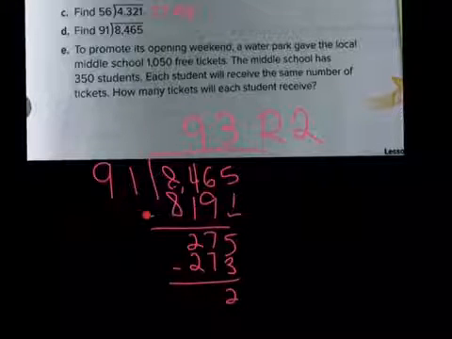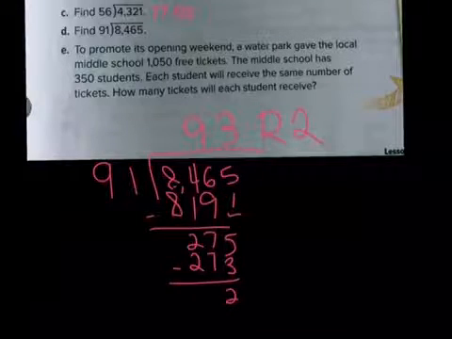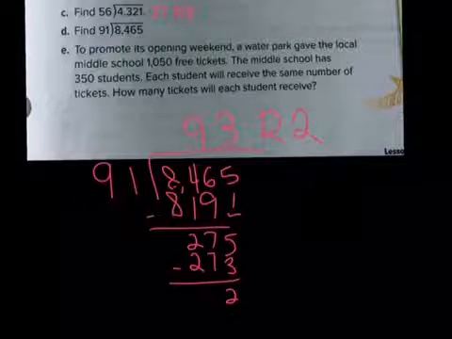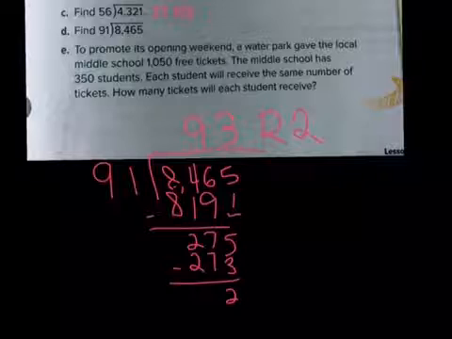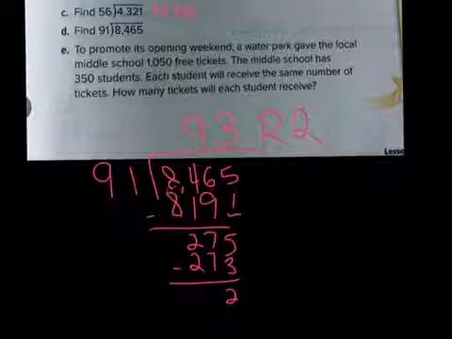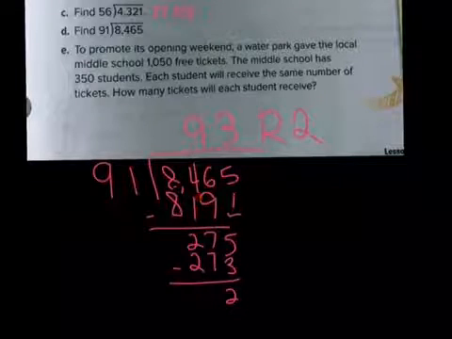So again, I worked my way down, and I worked it all out to the point that I had a remainder of 2. So 91 times 93 is almost 8,465. It's actually 8,463 because I have a remainder of 2.